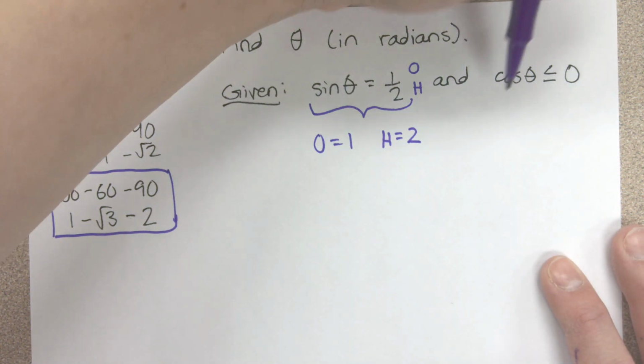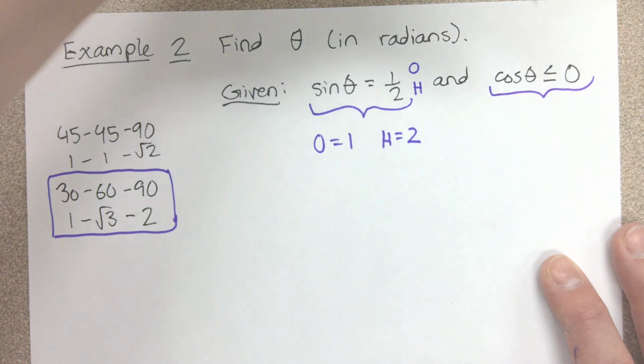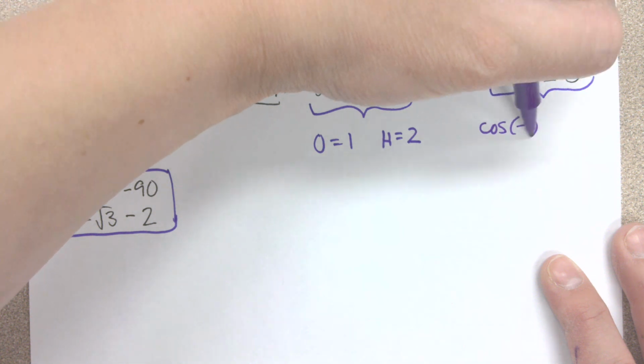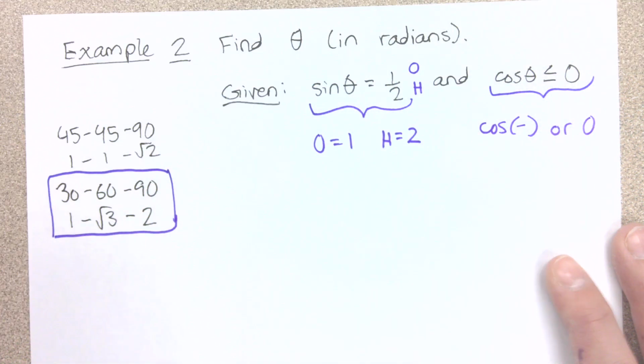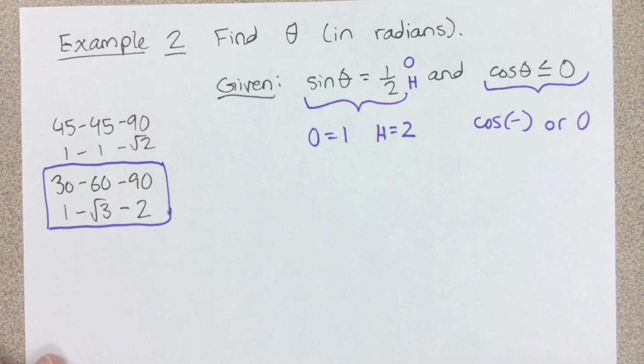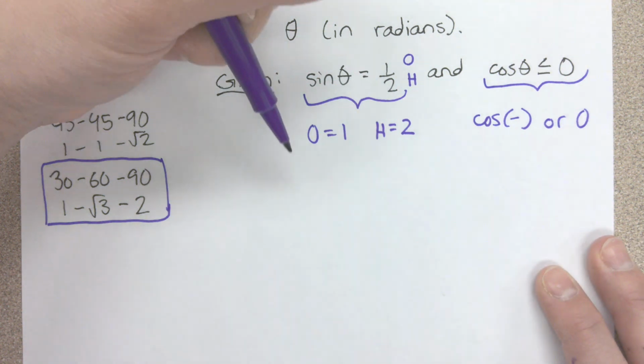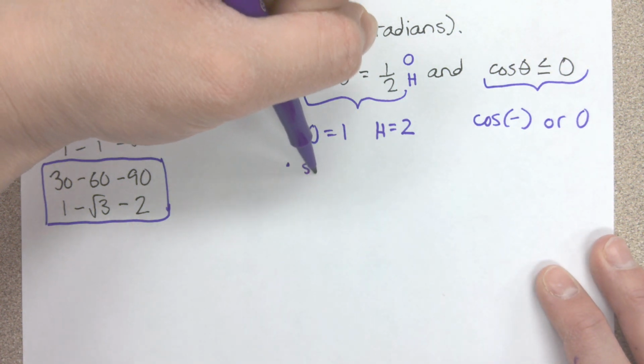One other piece of information: cosine is less than or equal to 0. So we know cosine is negative, or it's 0. We've identified which triangle this is, so it's not a quadrantal. We know that. And one more thing, sine is positive.